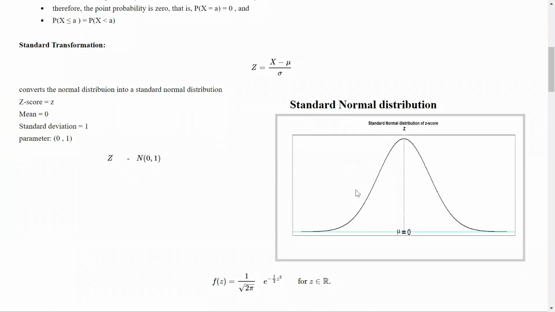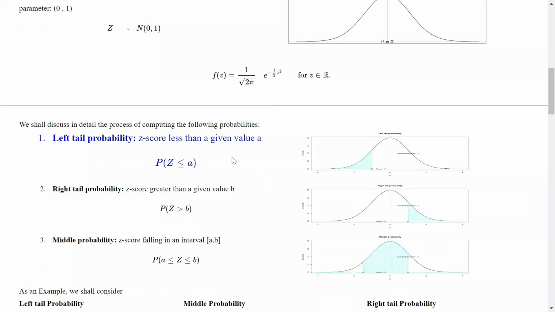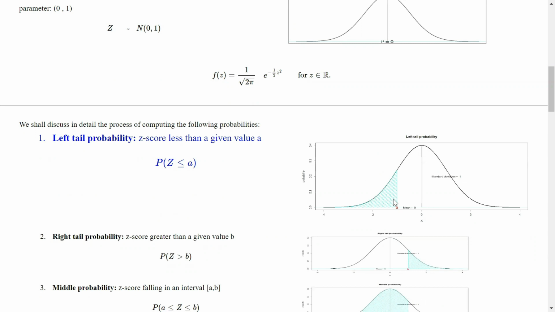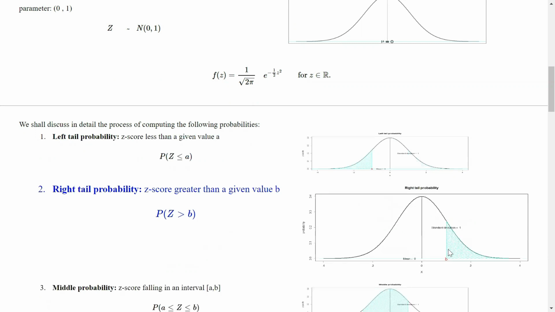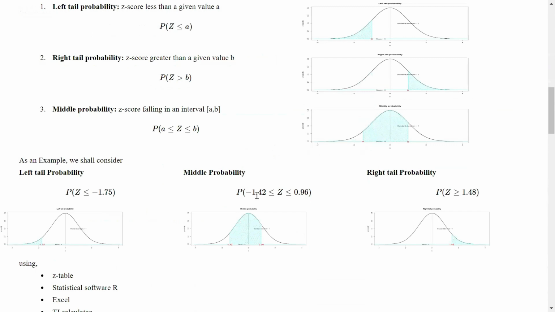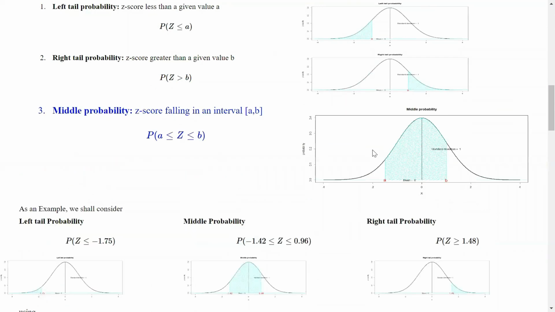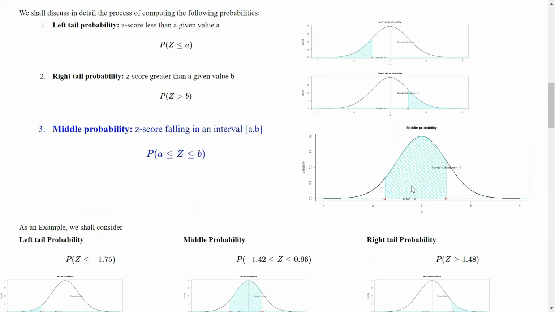Now we shall discuss how to compute left tail probability, that is, probability z less than a certain value a, this area; right tail probability, that is, z-score greater than a certain value b, this area; and the middle probability, that is, z-score falling in an interval a to b, this shaded area.